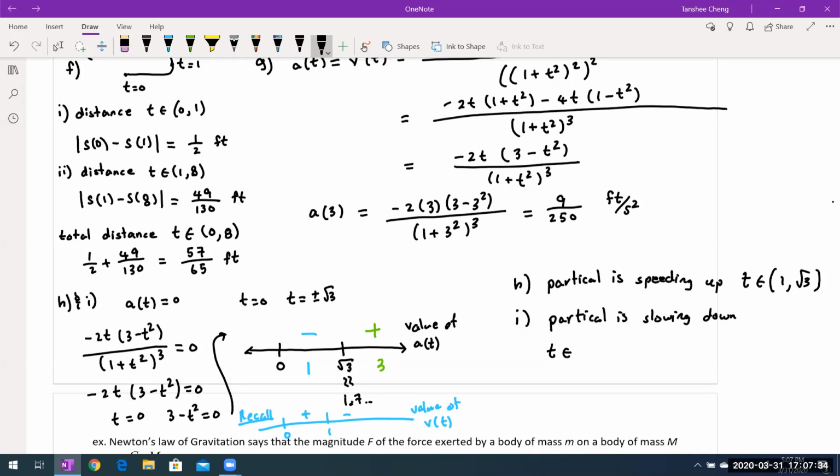That means from 0 to 1, the signs are different, and from radical 3 to positive infinity, the signs are different. So the particle is slowing down from 0 to 1, union with radical 3 to positive infinity. And that basically concludes this problem.